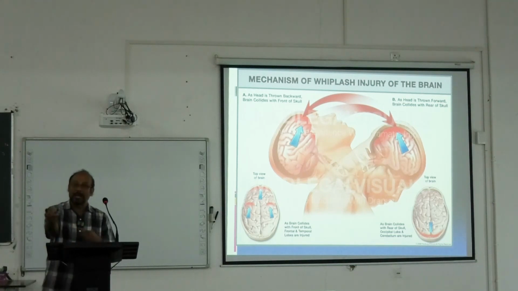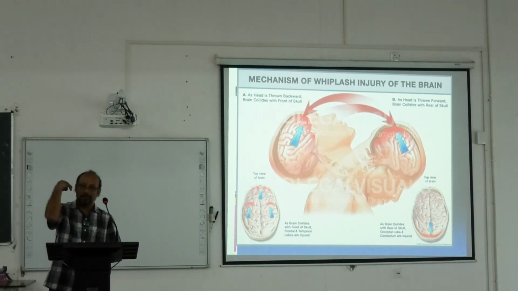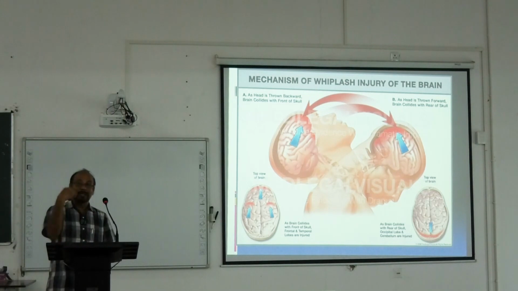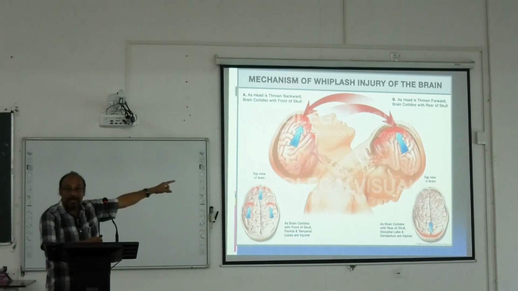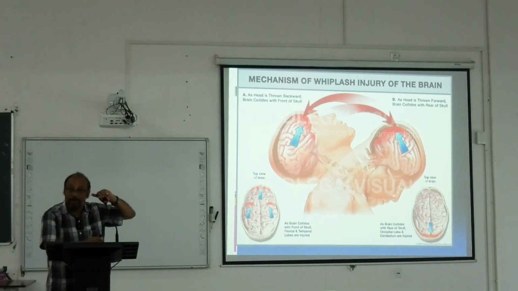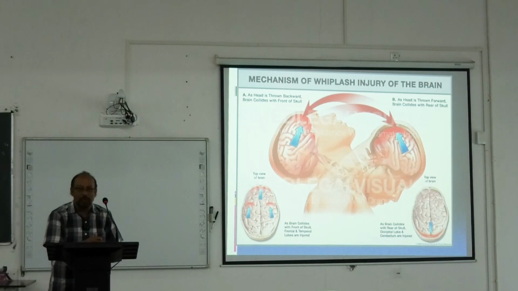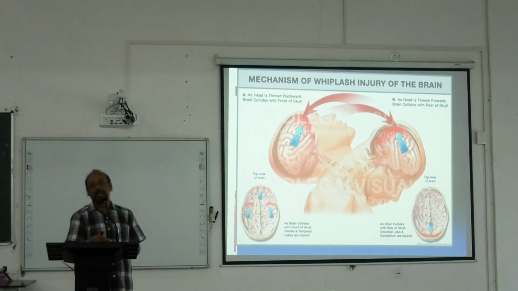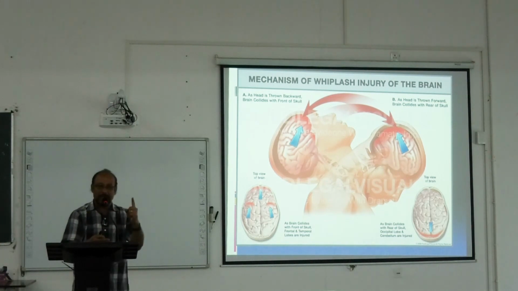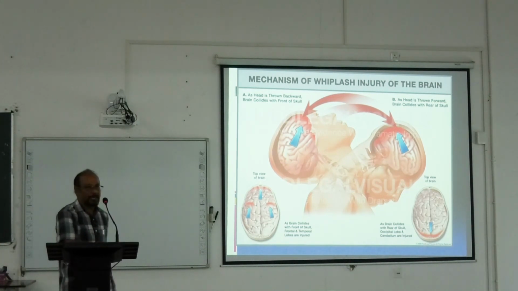Before that, naturally the head moves forwards, then again flexion backwards. So naturally this hyperflexion and hyperextension cause serious damage. As I told you before, there is a possibility of intracranial hemorrhage, but whiplash injury to the cervical spine is very common, a peculiar acceleration-deceleration injury.